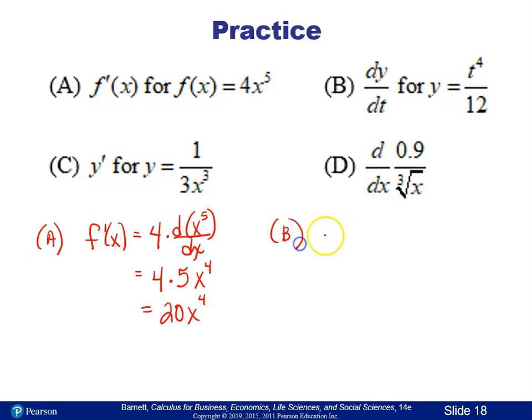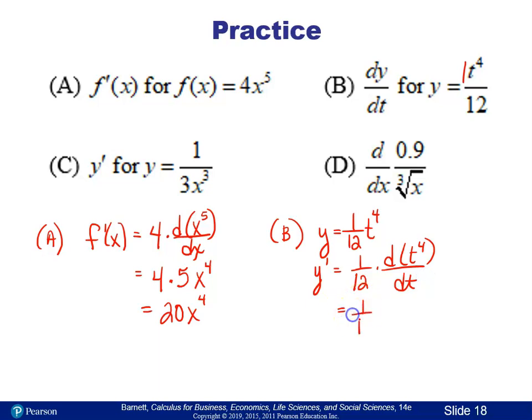For part B, I'm going to rewrite this first. Okay, so this would be like 1/12 t to the 4th. So this is my constant times the t to the 4th. So the derivative of it is my constant times the derivative of t to the 4th.